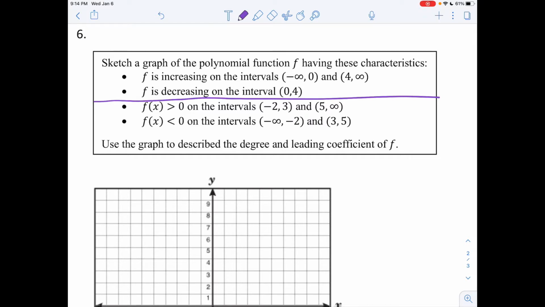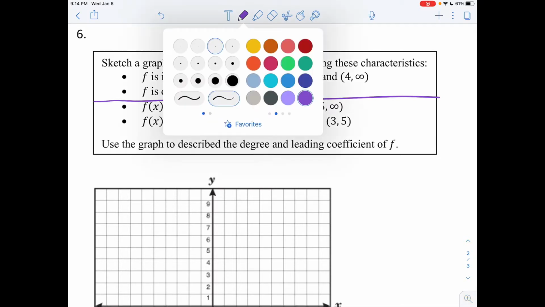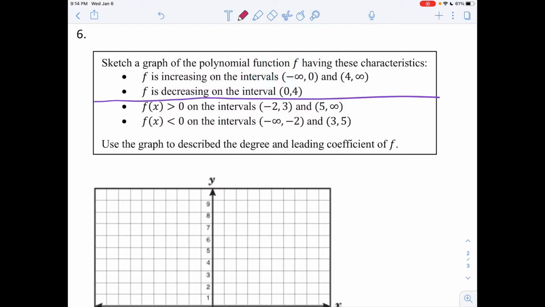So in order to do this, the best thing to do is to always start with your interval that's at negative infinity. So always start on the left and go towards the right. Increasing means that the graph is going higher between the interval of negative infinity and 0.